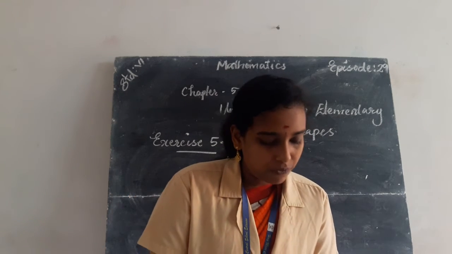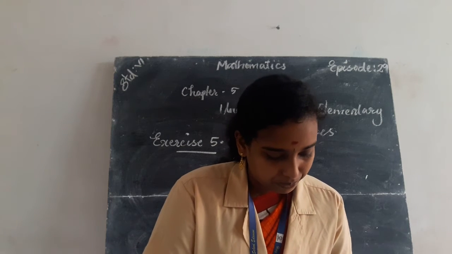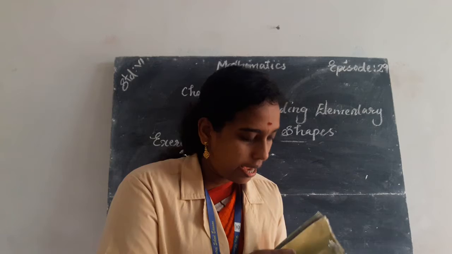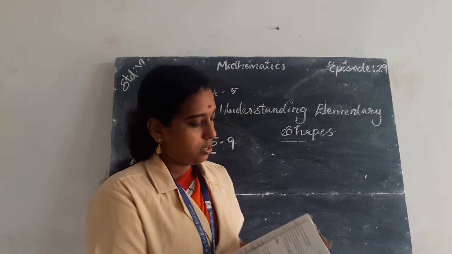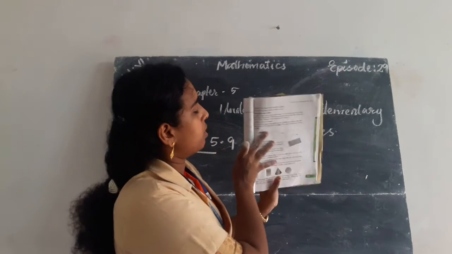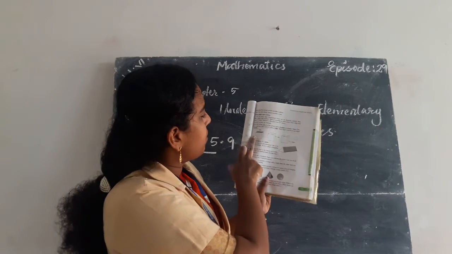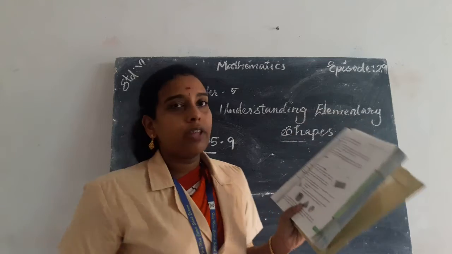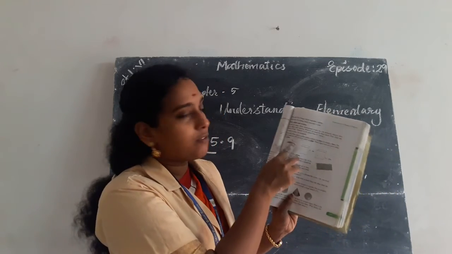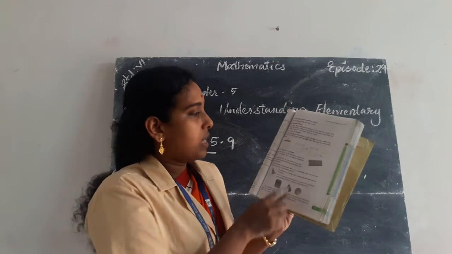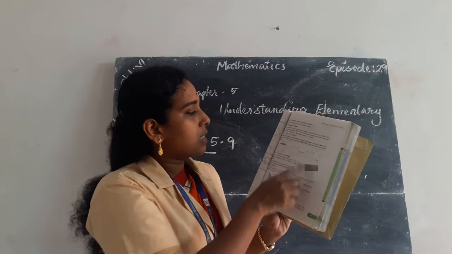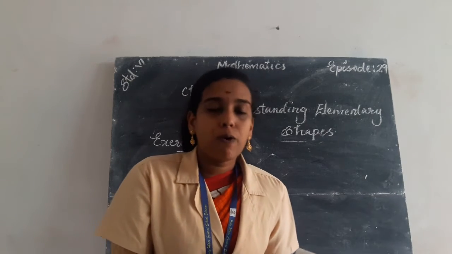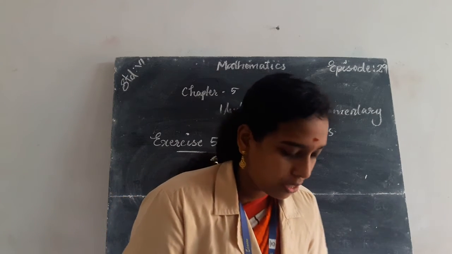In your textbook the figure of a cube is given on page number 108. Here is the picture of a cube, and this is called each face. Face means each side of the cube is a flat surface, and the flat surface of the cube is called its face. And edge means the faces meet at a line segment, and it is called its edge. And the edges meet at a point, and the points are called the vertices of the cube.